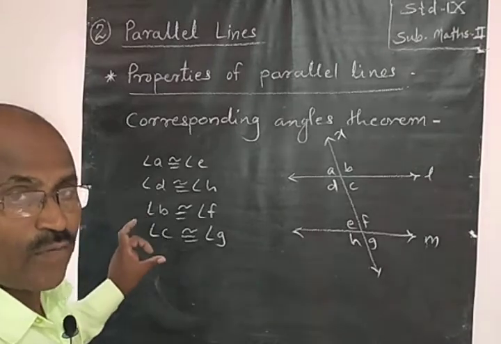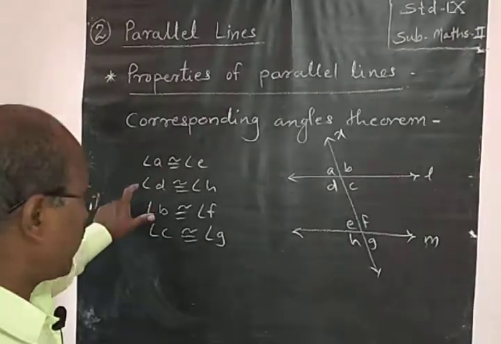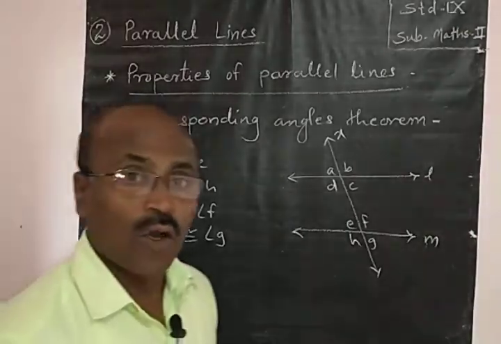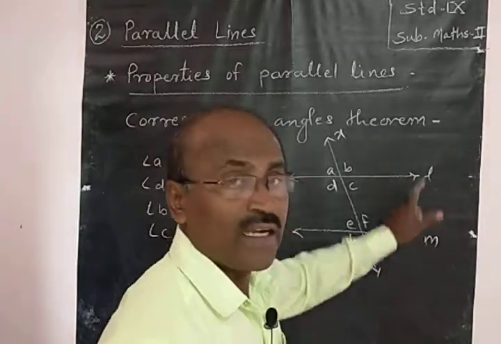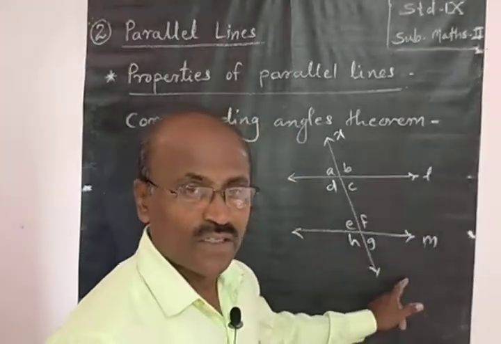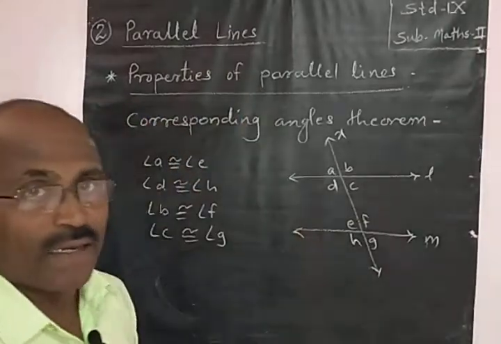Total 4 pairs of corresponding angles are there. All the pairs of corresponding angles are congruent if the two lines are parallel. This is the second property of parallel lines.